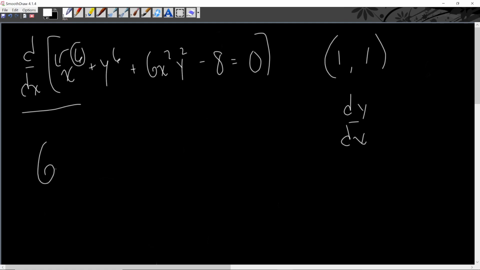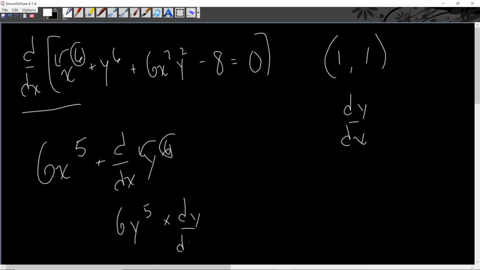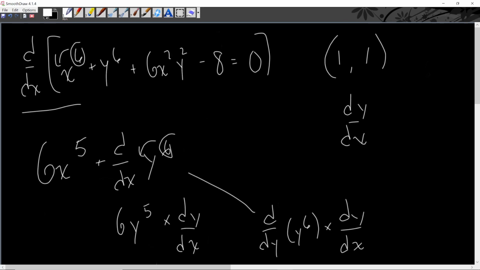So we have 6 times x to the 6 minus 1, plus the derivative with respect to x of y to the power of 6, which again, we bring that 6 out front, and then we have 6 minus 1, which we said was 5, times dy dx. Again, what we did is d dy of y to the power of 6 times dy dx. That's what that operation is.